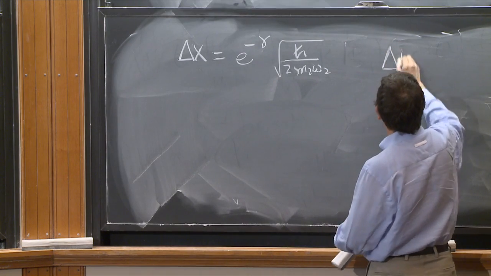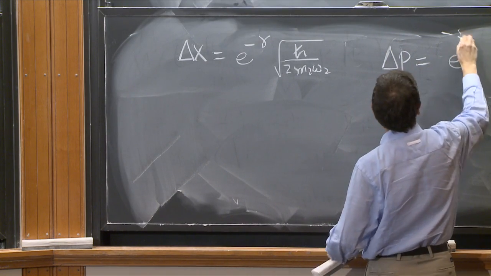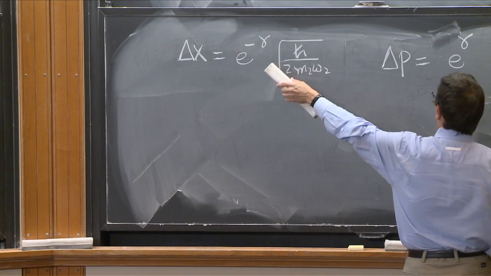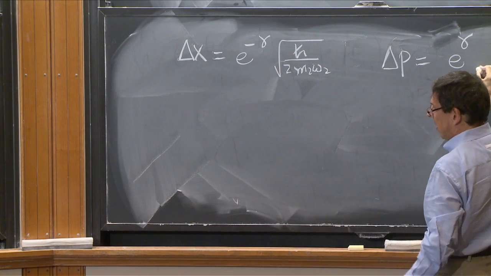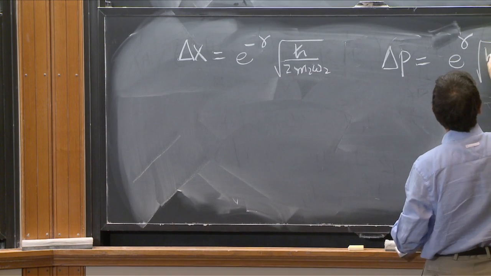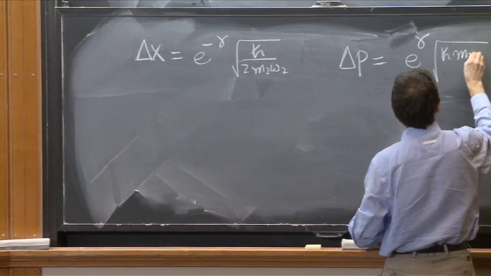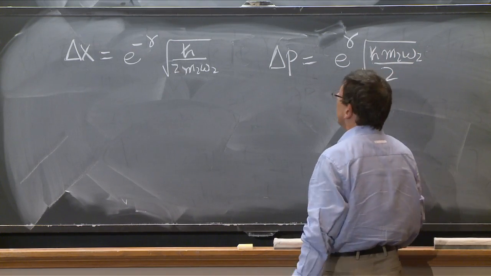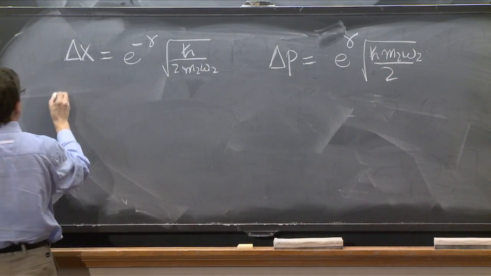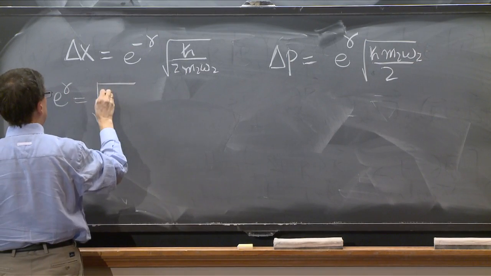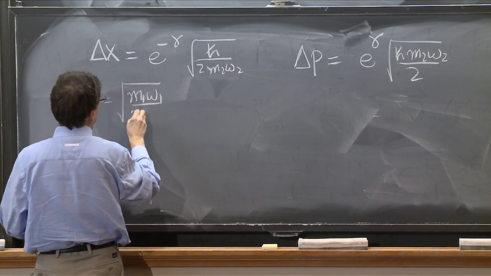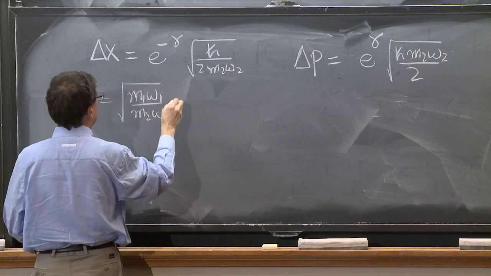And delta p is e to the gamma, because it's the inverse factor on the one that we call gamma, times the square root of h bar m2 omega 2 over 2, where e to the gamma is the square root of m1 omega 1 over m2 omega 2.